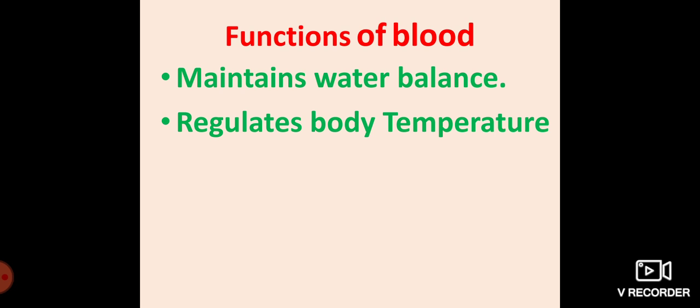The heat is produced in the tissues, taken from the tissues, and distributed by the blood to every part of the body, thus regulating the body temperature.